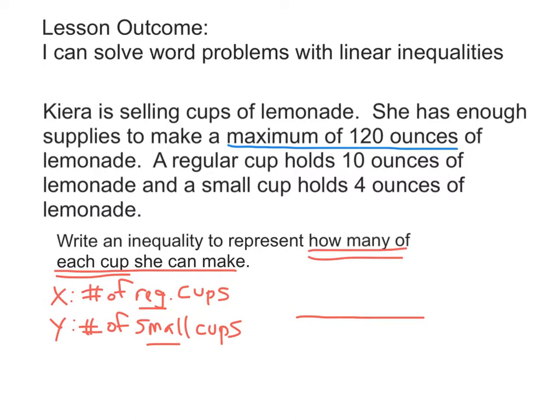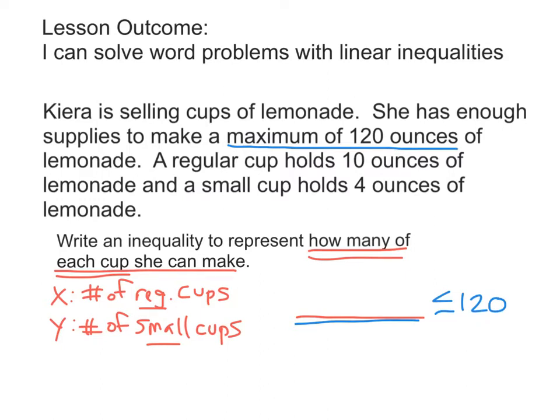But actually, if you think about the word maximum, that means at the most, which means that it has to be less than or equal to that amount. So I'm going to use less than or equal to 120 right here. So a maximum of 120 ounces means that whatever we find to put in this line here has to be less than or equal to 120.